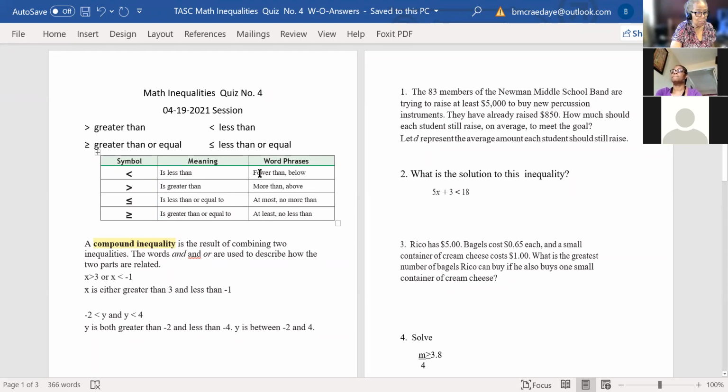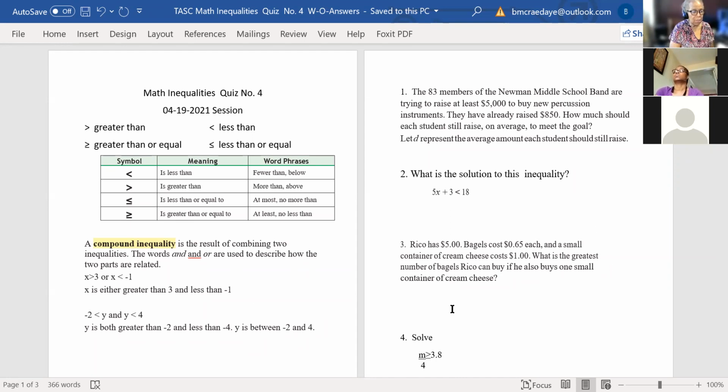So I gave you some more things to look at in word problems, how they translate to greater than or equal, less than or equal, greater than, or less than. I'll be sending you this sheet at the end of the session, so you don't have to copy this.